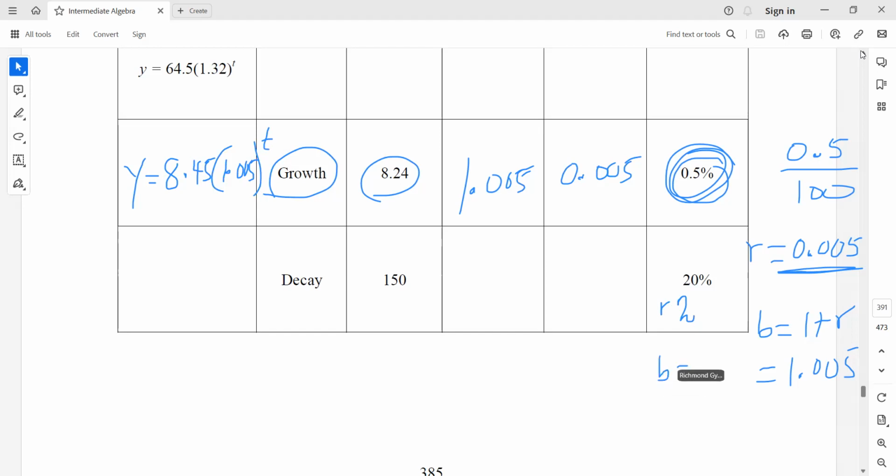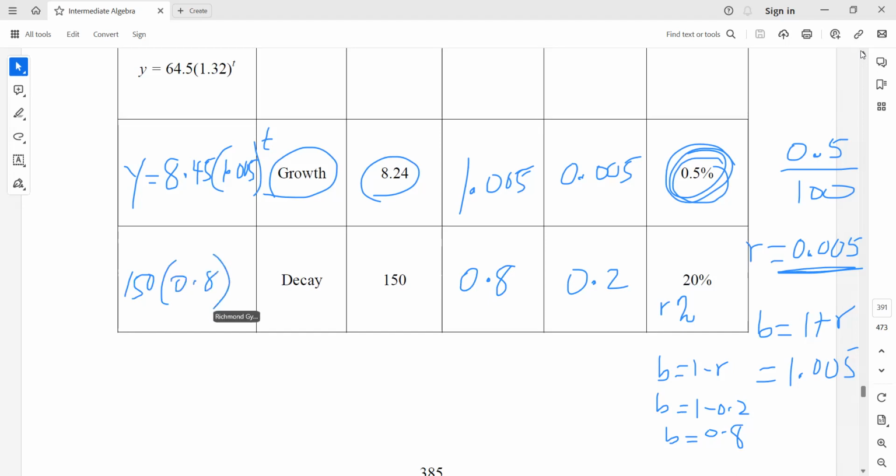So B equals 1 minus R. 20% is 0.20 or 0.2, so B equals 1 minus 0.2, B equals 0.8. So this is 0.2, and this is going to be 0.8. So I have 150 times 0.8 equals Y. And that's it.